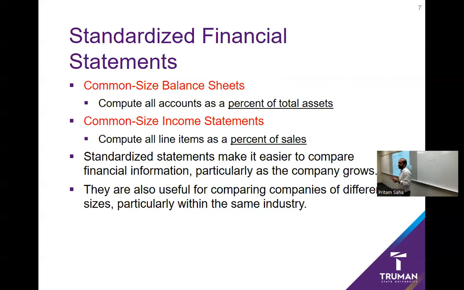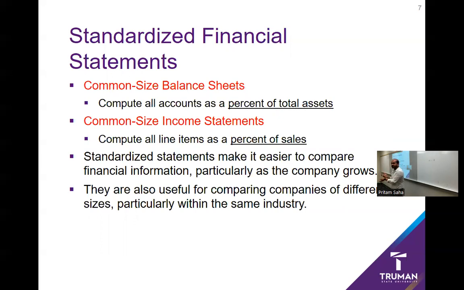To solve this problem, we can do two things. One is common size, and the other is ratio analysis. So today and in the next class, we're going to go over common sizing and ratio analysis. So what is common size? When you talk about common size, we are actually converting all those raw numbers into percentages, or fractions, or relative numbers. In short, converting those raw numbers into percentages.